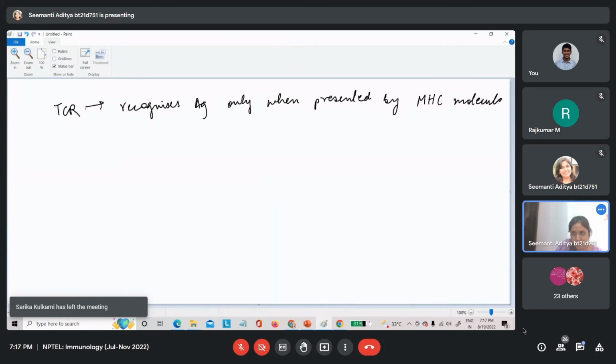But B cell receptor can recognize antigen without processing, just a single antigen it can recognize.